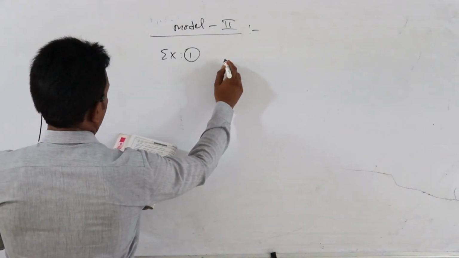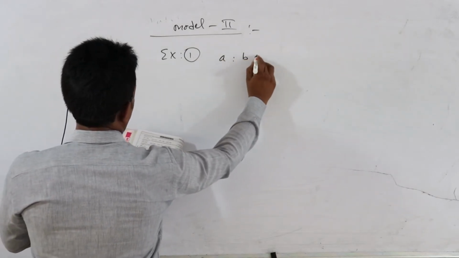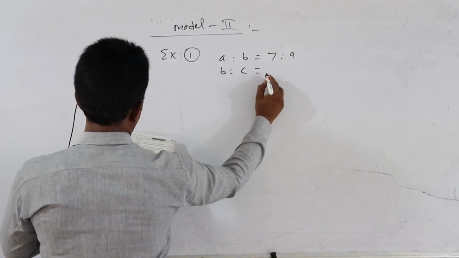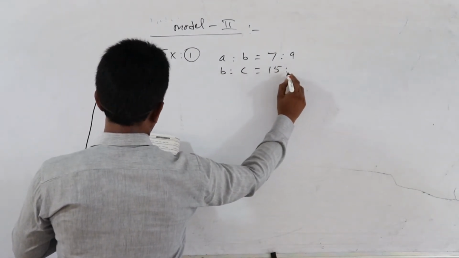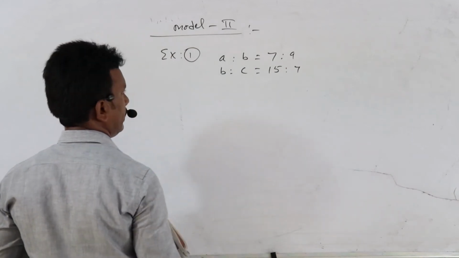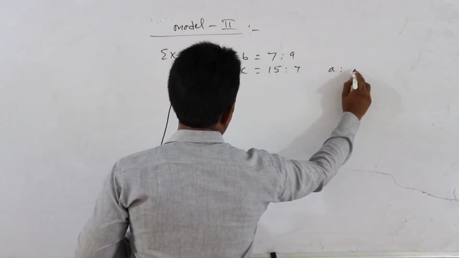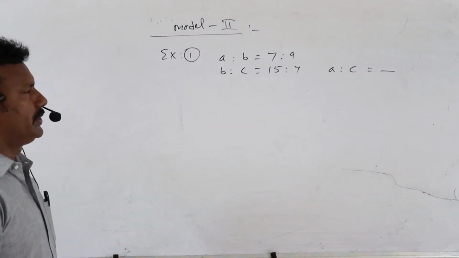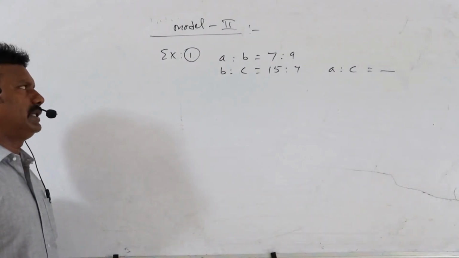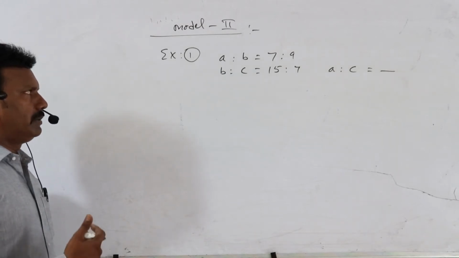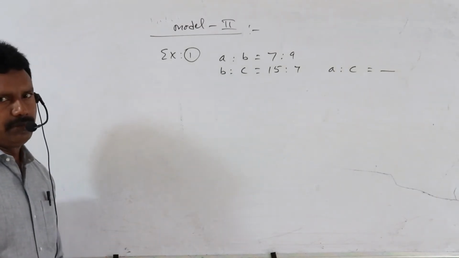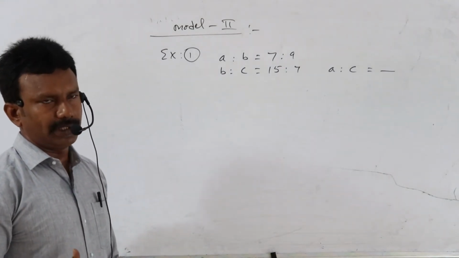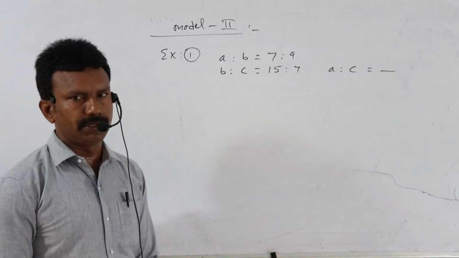A is to B is equal to 7:9, B is to C is equal to 15:7. Then find A is to C. So clearly two ratios, A is to B equal to 7:9 and B is to C equal to 15:7. Then find the ratio of the first term and last term, A is to C.